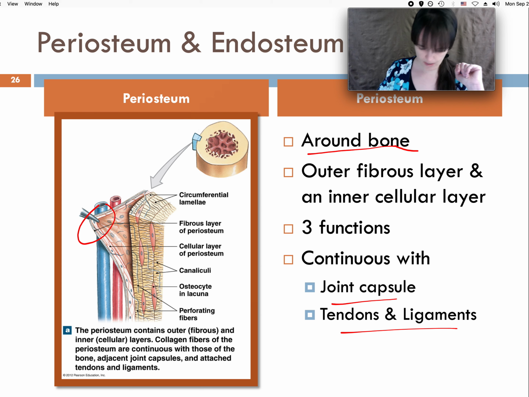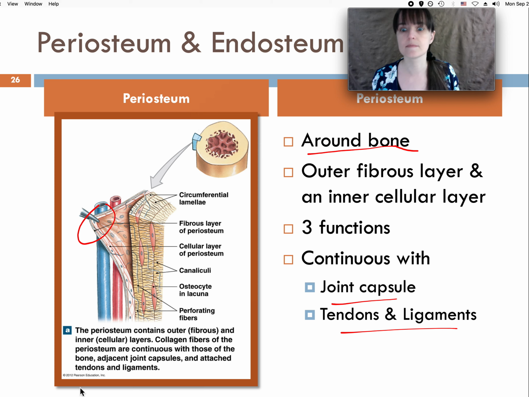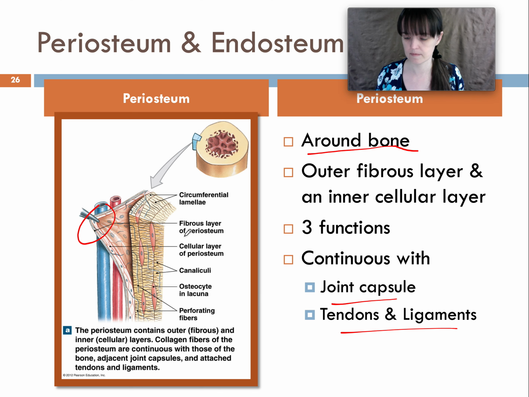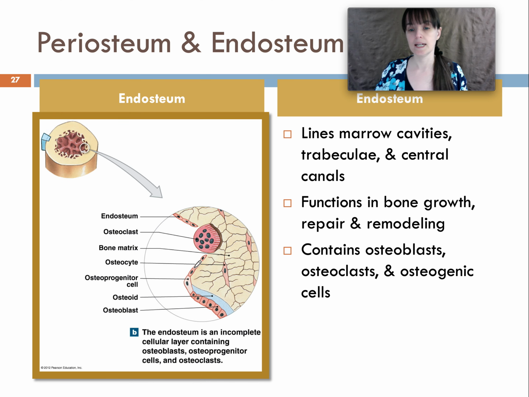The endosteum and the periosteum contain all of the cells except osteocytes.